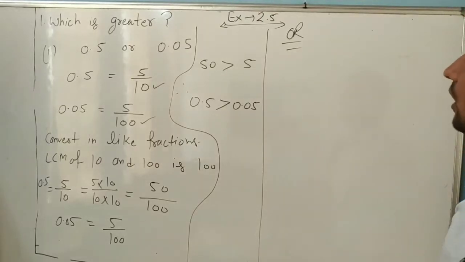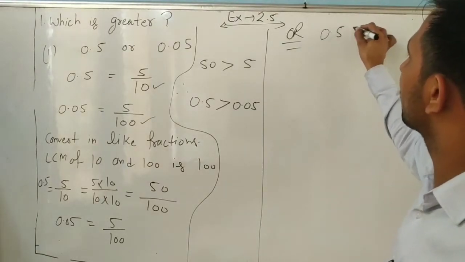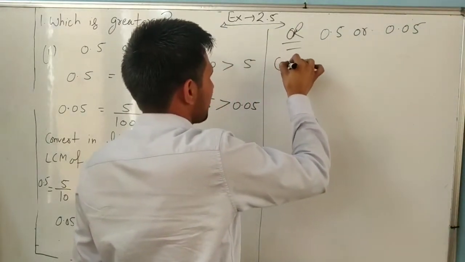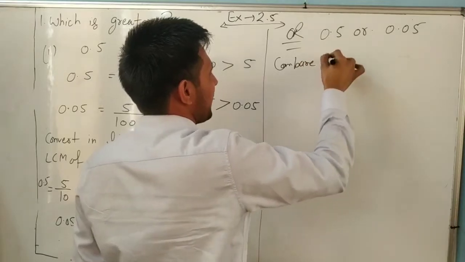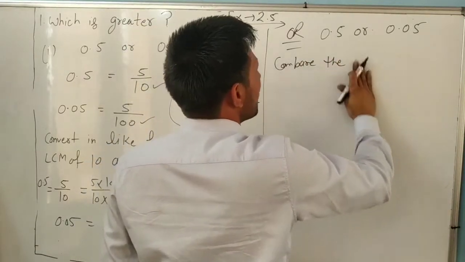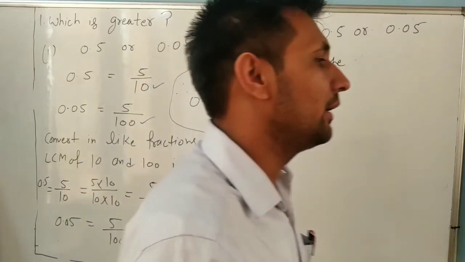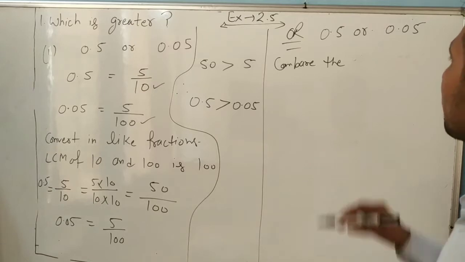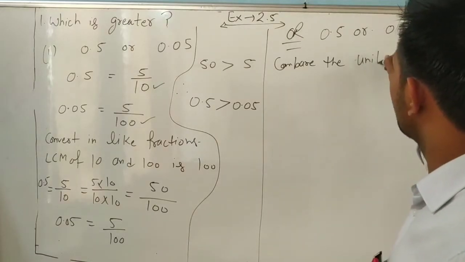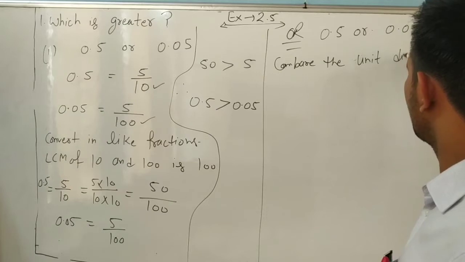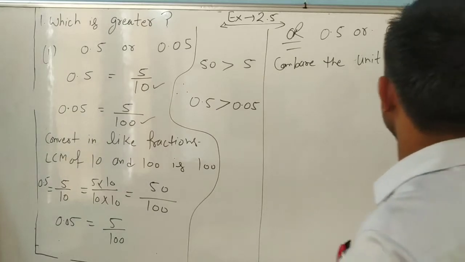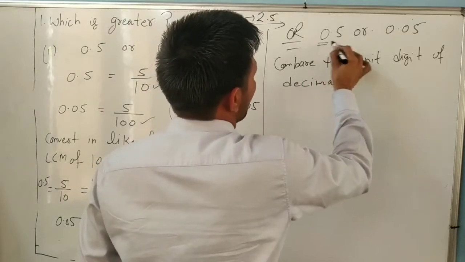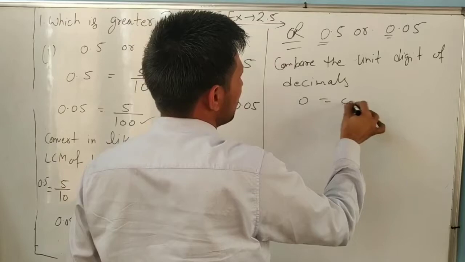The second method is here: how do we compare which one is greater? So we will first compare the digits. In decimals, if you want to compare digits, we compare their place values. Compare the unit digit of the decimals: 0 and 0, it means 0 equals 0.